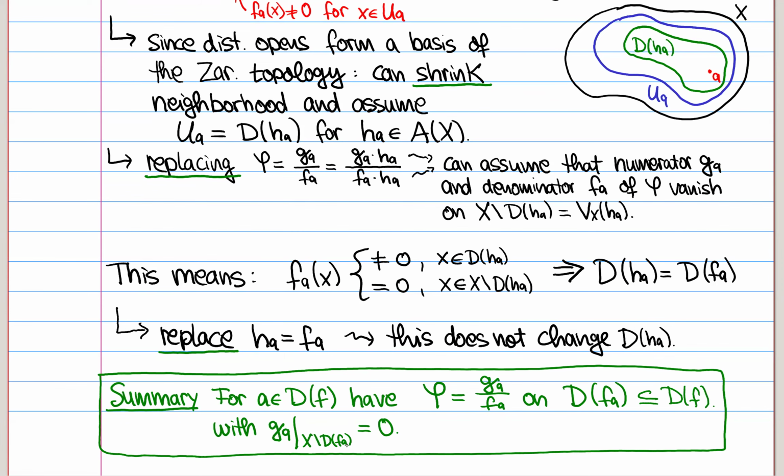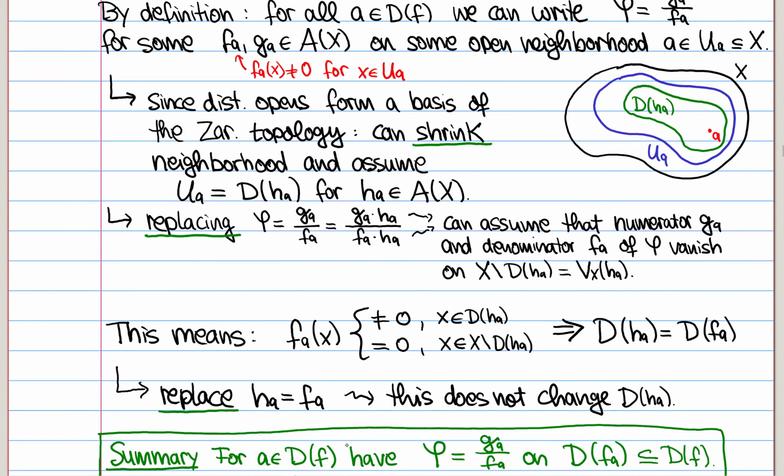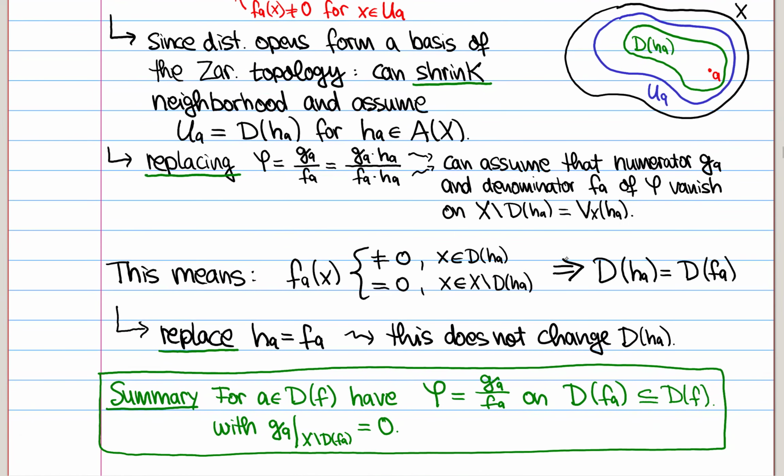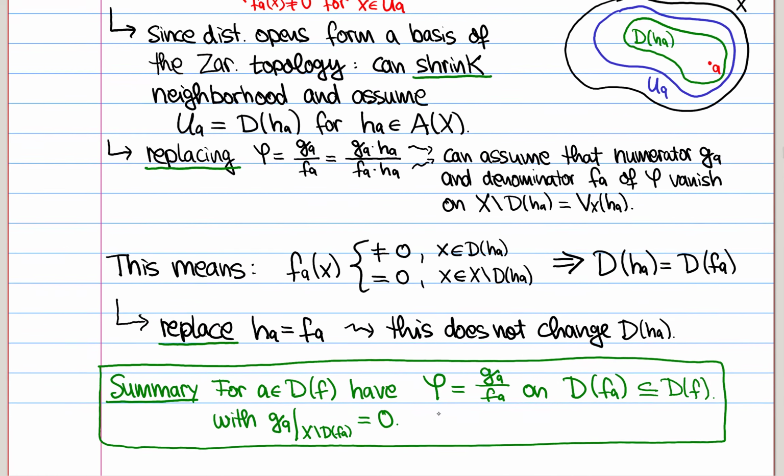So until now, what we have done is we just manipulated how this function phi is represented around each point A. But now we want to use that, of course, all of these local representations give the same function phi. And now we want to make a connection between these various different representations.